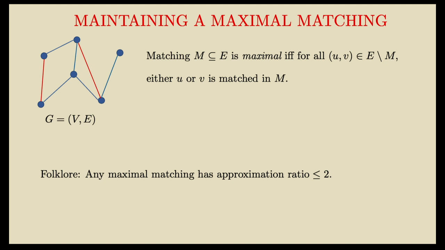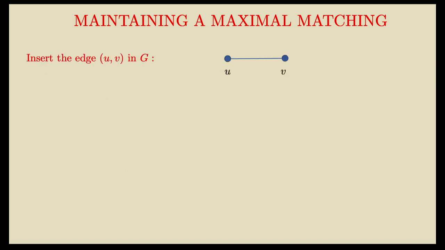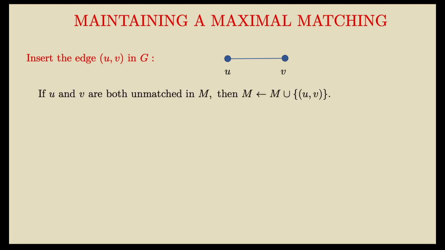So, how can we maintain this dynamically? Suppose we are maintaining a maximal matching, here is a naive algorithm. When an edge gets inserted, what do we need to do? We basically just need to check whether both the endpoints u and v are currently unmatched or not, because if they are unmatched we can just throw them into our matching, the new matching becomes maximal, and this is just constant time.